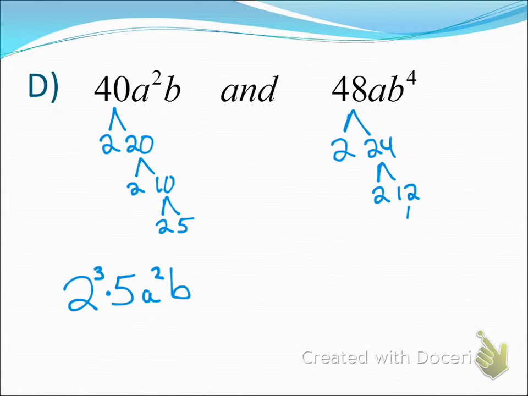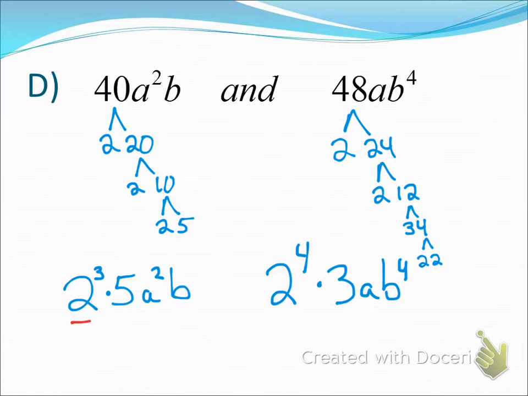No, 12 and 4. You could do 12 and 4 at the beginning. That would be fine. 3 and 4, 2, and then 2 and 2. So we have 2 to the 4th times 3, A, B to the 4th.